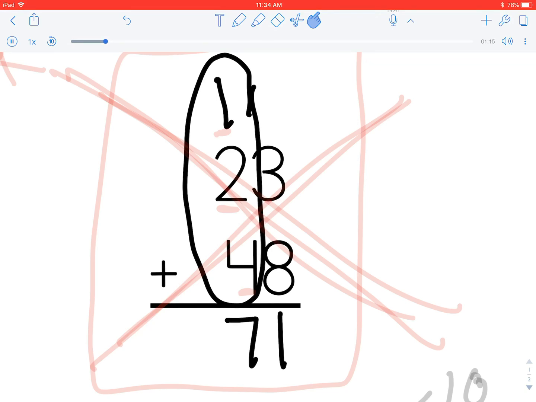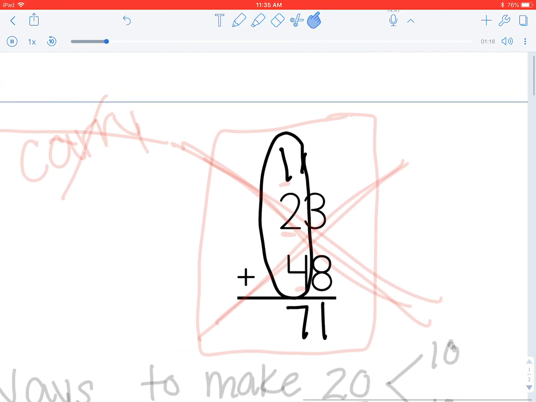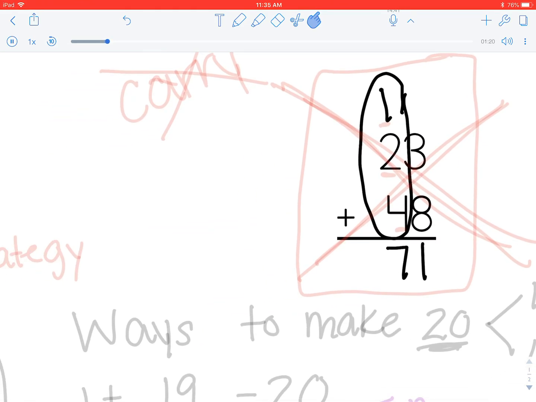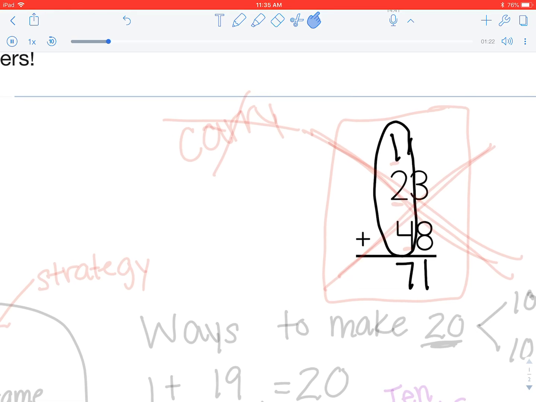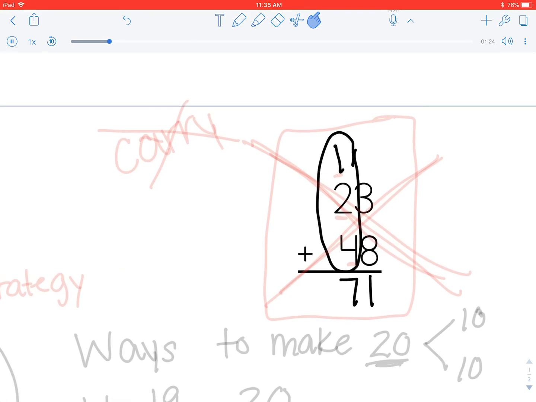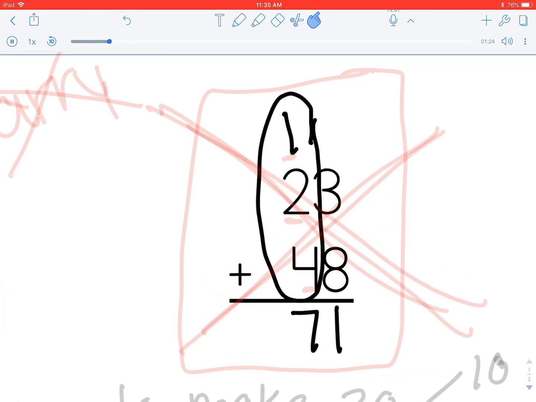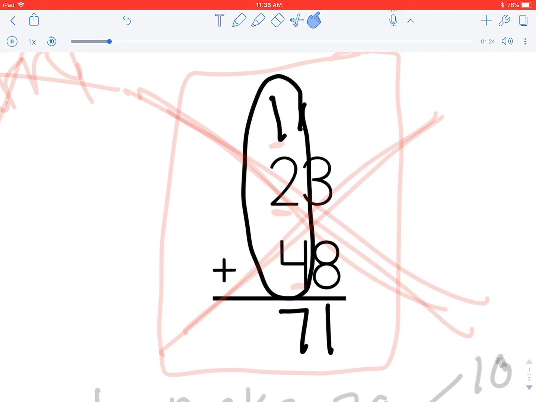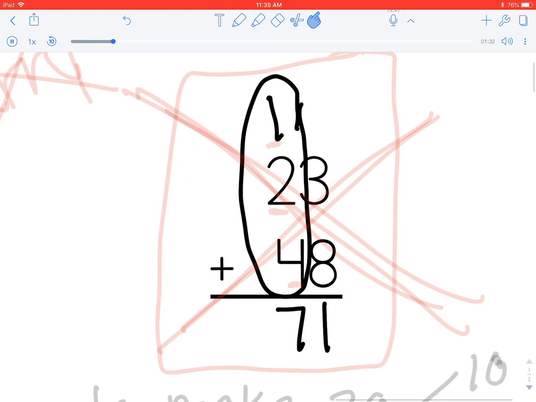Now, the problem with this is that students would be asked, why did you carry a 1? What is that 1? Are you really adding 1 plus 2 plus 4? Why does that work? If you're like me, when I first got posed with this, I wasn't sure.